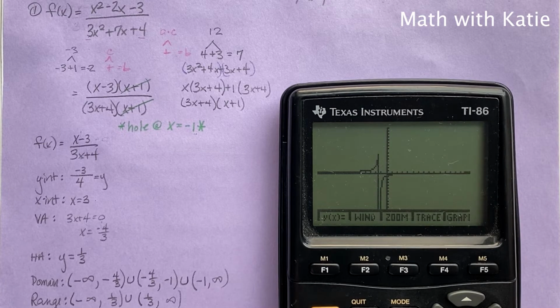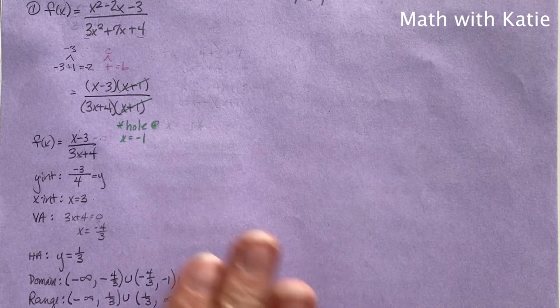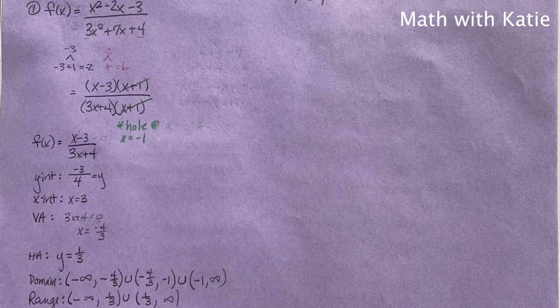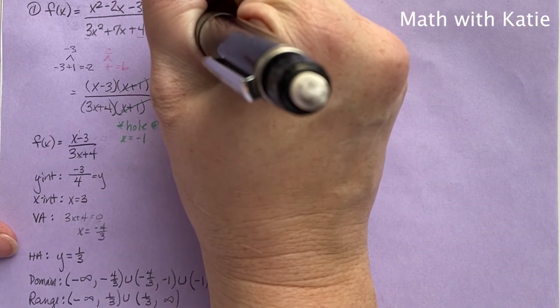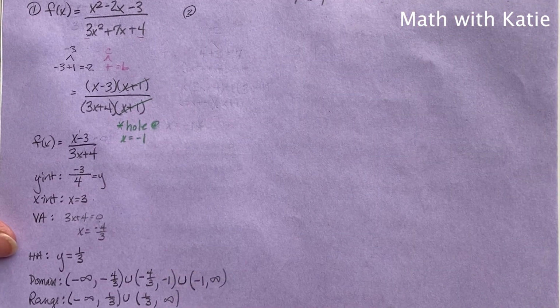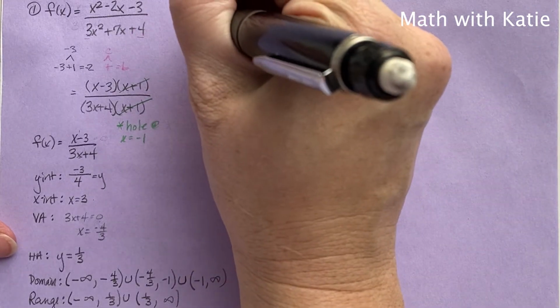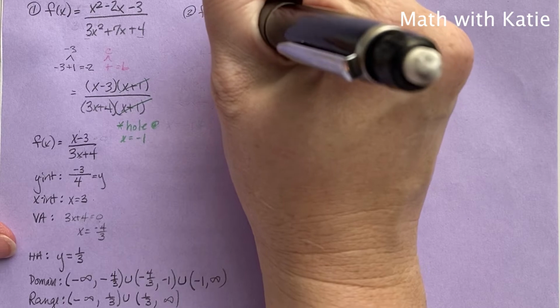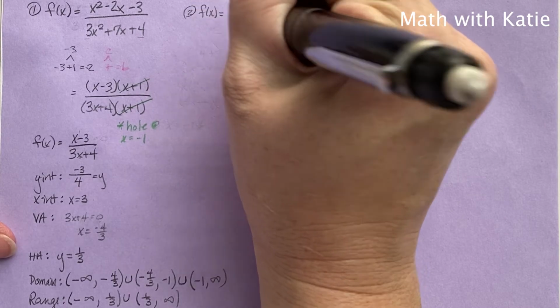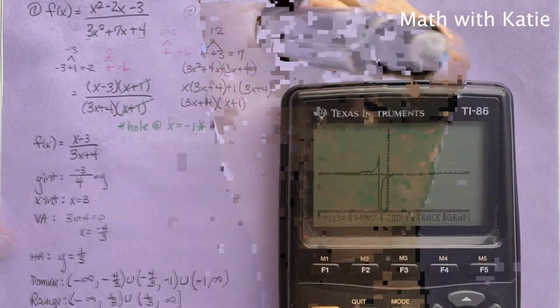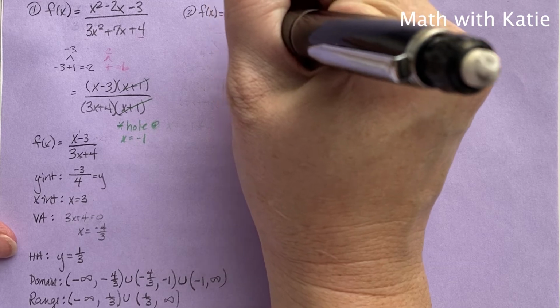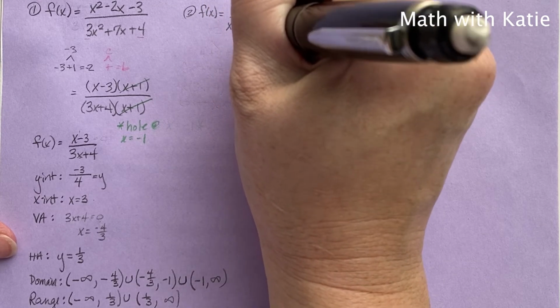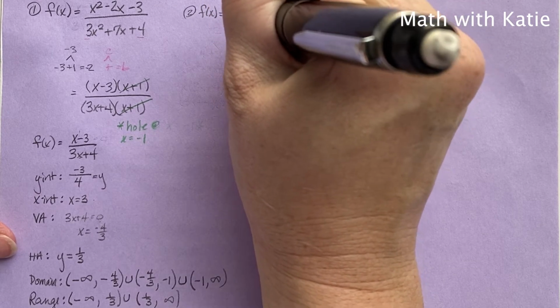Okay, I hope you don't mind, but I erased our work from earlier because I need space on this paper. All right, so our second example is going to be f of x equals x plus 5 over x squared minus 7x plus 12.